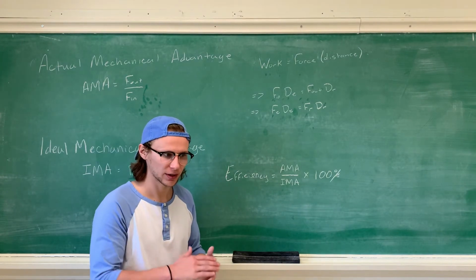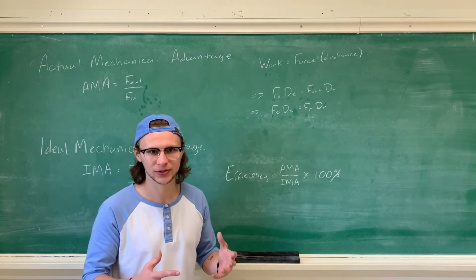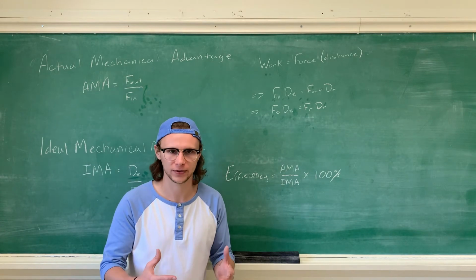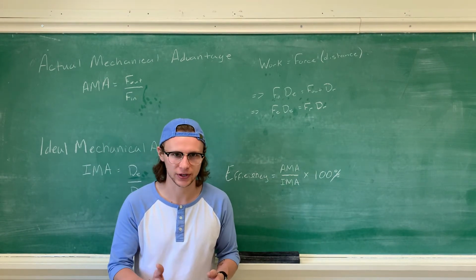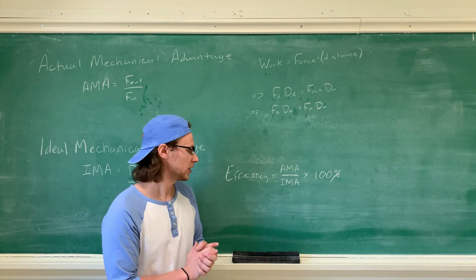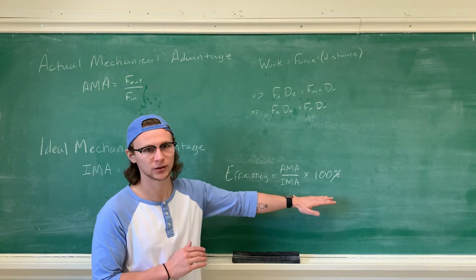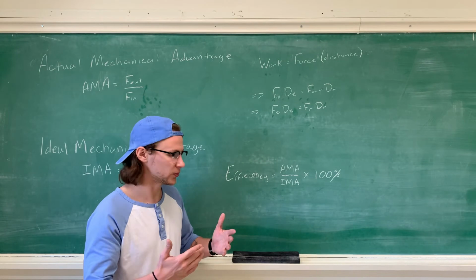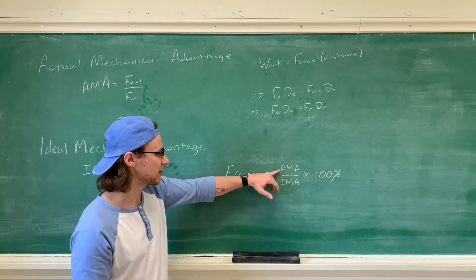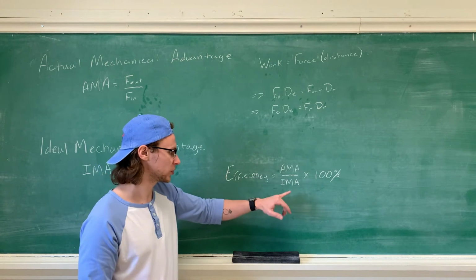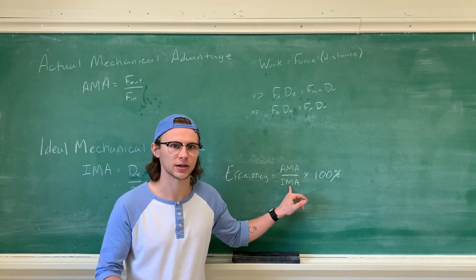Now, the systems that we have will never ever exceed 100%. It's against the laws of physics. The efficiency will be under 100%. A way that you know that you've done it mathematically correct is your AMA value should always be lower than your IMA value.